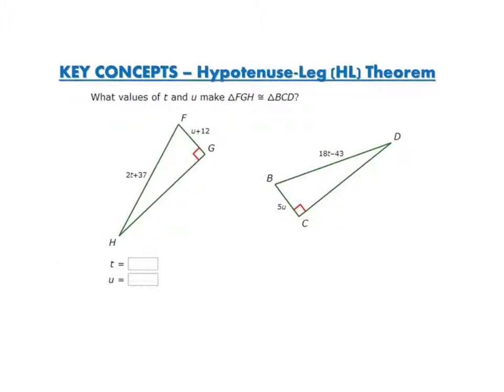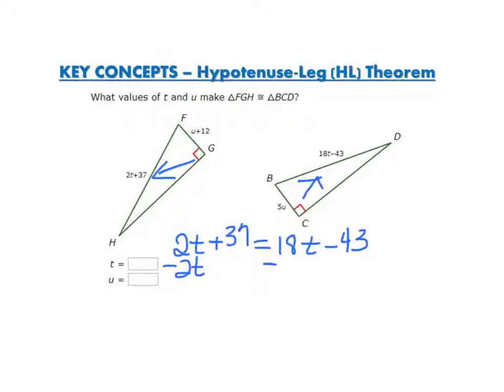Here's another problem. What values of T and U make these two triangles congruent? There's my hypotenuse. There's my hypotenuse. I need to set them equal to each other. So I have 2T plus 37 equals 18T minus 43. I'm going to subtract 2T from both sides.